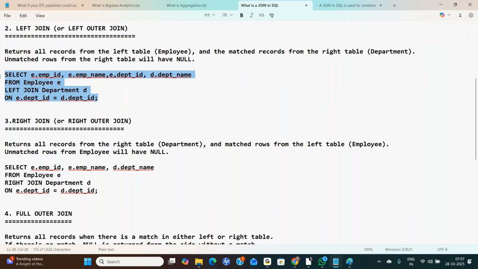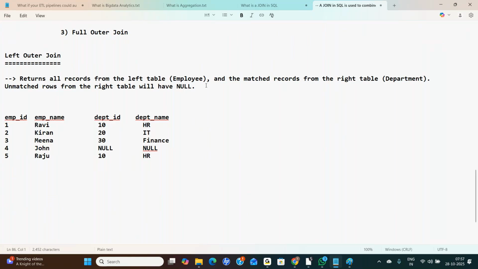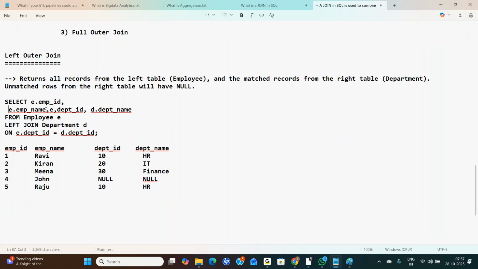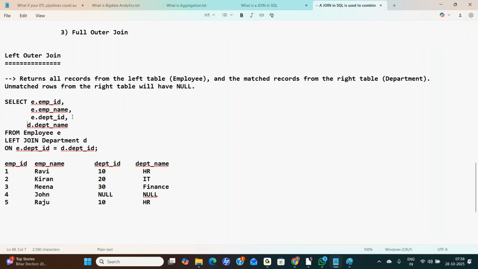Now the same query you can write to return the final output: e.emp, e.department ID, and d.department name from employee E left join department D on E.department ID equal to department. Left join is the keyword.